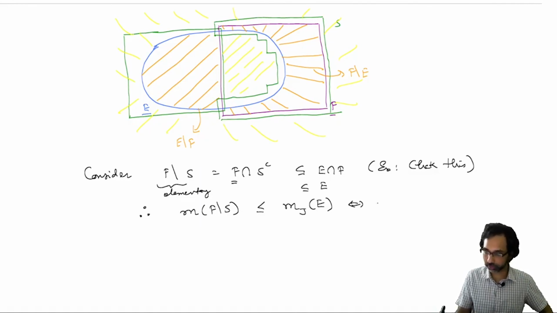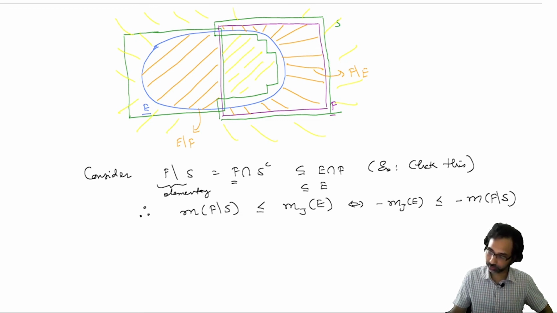So I am going to write this as minus the inner Jordan measure of E is less than or equal to minus the measure of F minus S.